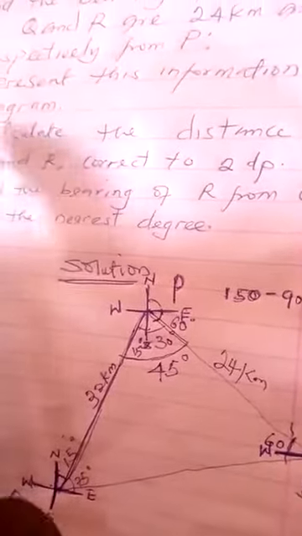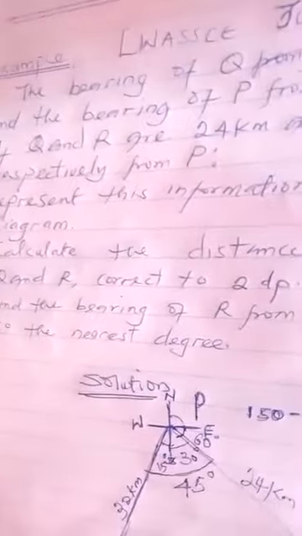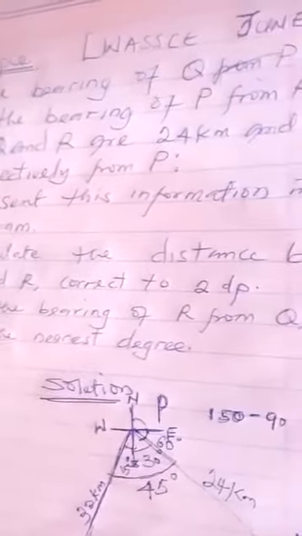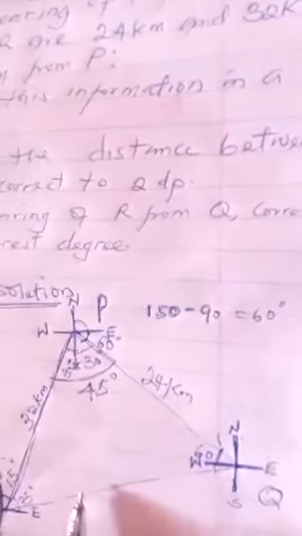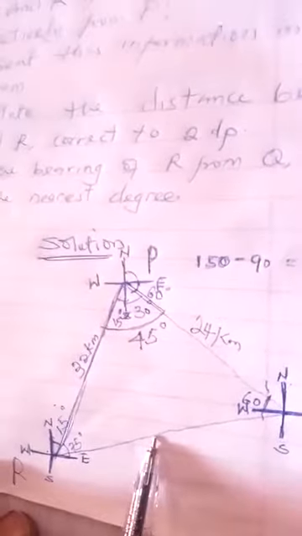the first question we have here is to represent this information in a diagram. So I believe we've done that with this our diagram, but there's need for us to draw a smaller triangle.